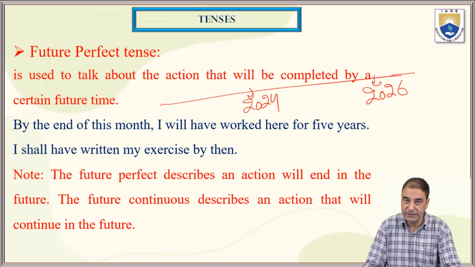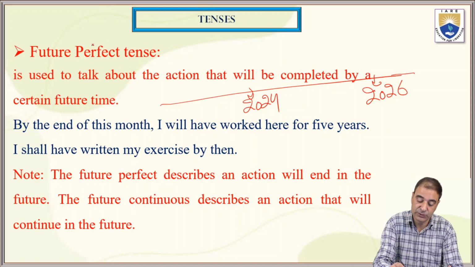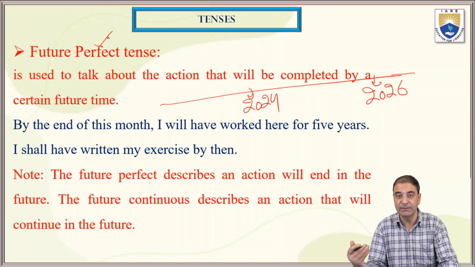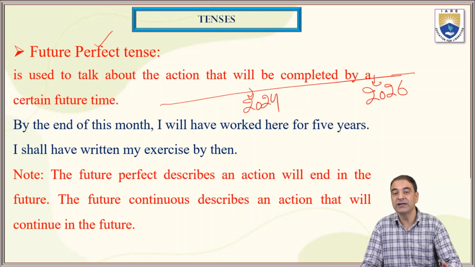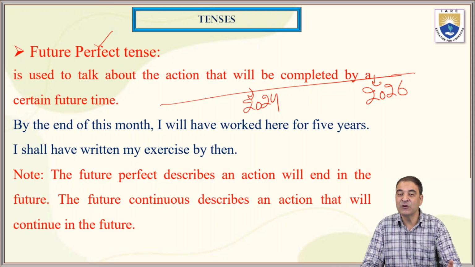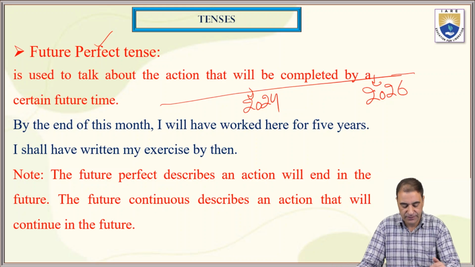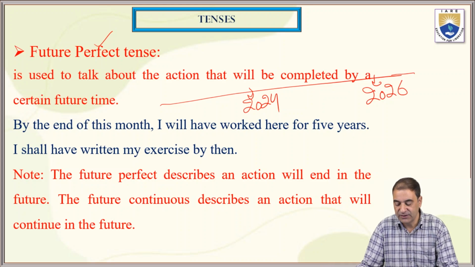But here, one thing you need to remember, as I told you, is that perfect gives the sense of completion. Here, I'm talking about an action that will be completed at any point in future. For example, by the end of this month, I will have worked here for 5 years.